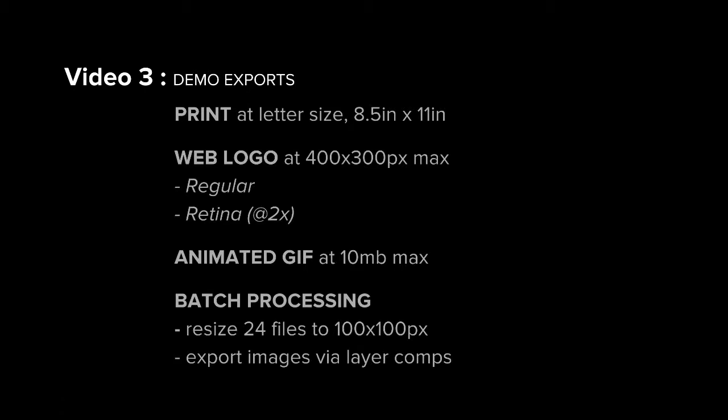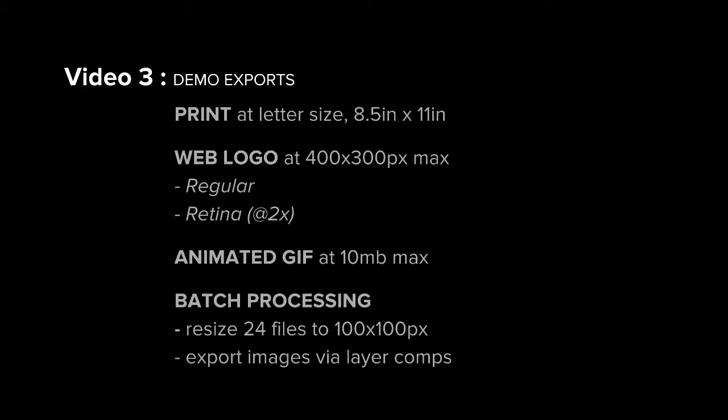Okay, all right. So in this video, we're going to go through exporting for web. For example's sake, pretend that the requirement is that you need to upload a logo, and the logo has a maximum width of 400 pixels and a maximum height of 300 pixels.